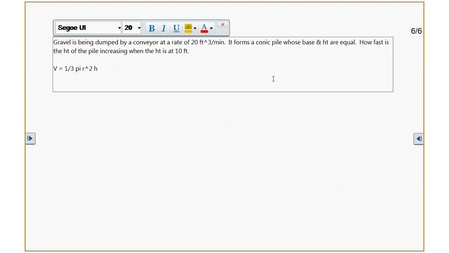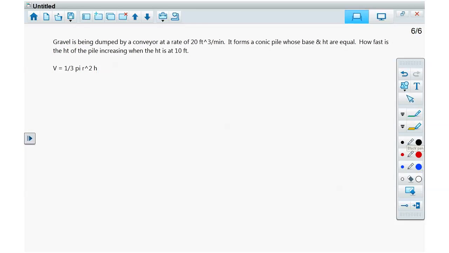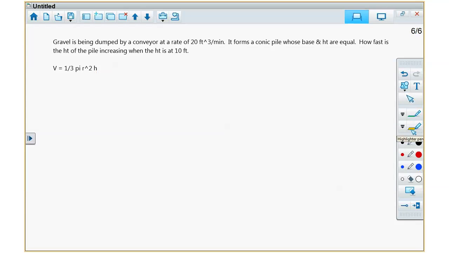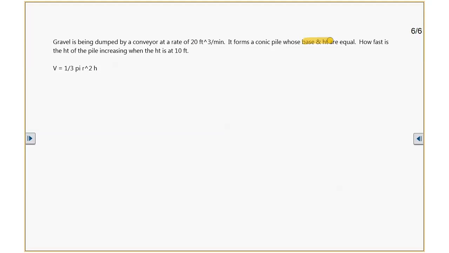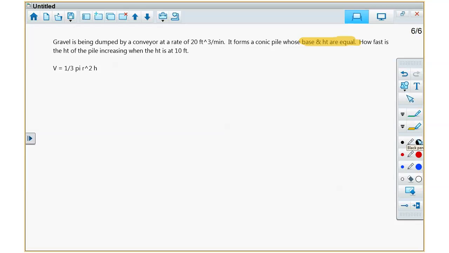Now, where does the secret lie? The secret to this problem is right there. And the secret to the problem is not in the calculus.